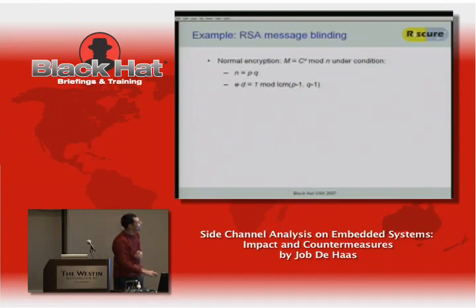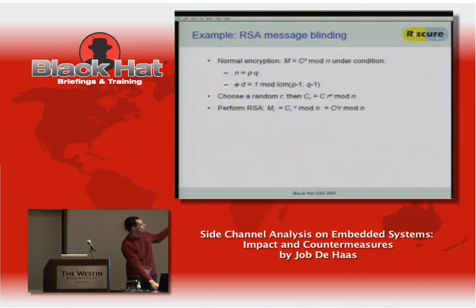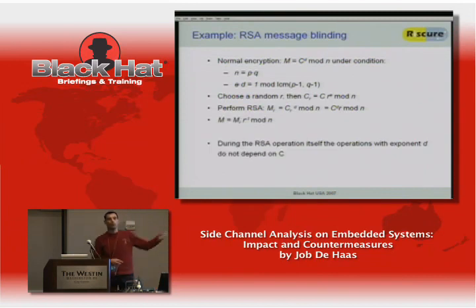Right, so an even better way to do it is again to use the blinding technique. I'm not going to explain the whole crypto, but this is the normal crypto, and now you can use a random, and you can do that with a pre-computation, and then at the end remove it again. What happens is that the actual calculation is now not using the crypto exponent anymore.